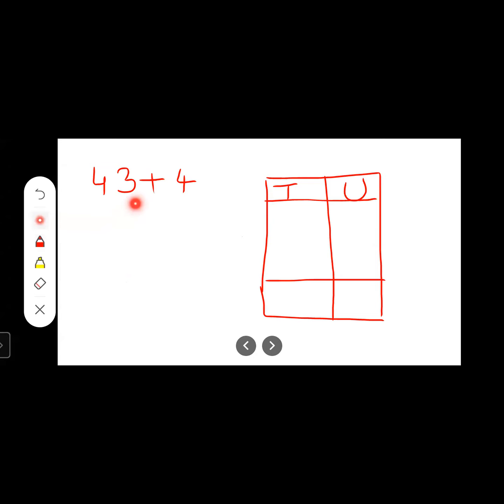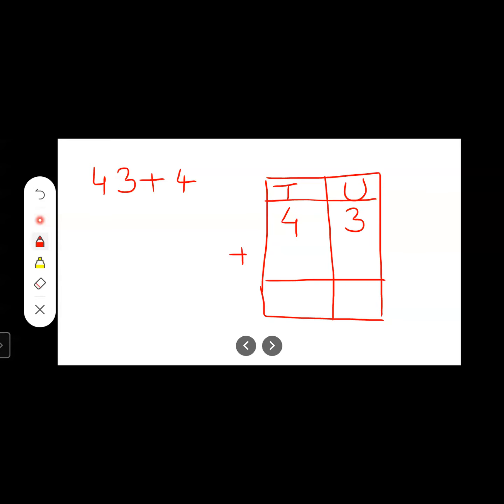First we will take this number 43. Now tell me where 4 will go. 4 will go in the tens place. And where will 3 go? Yes, very good. Everyone is giving the right answer. Very nice. So 3 will go in the units place.